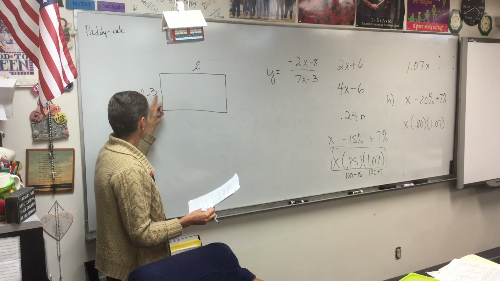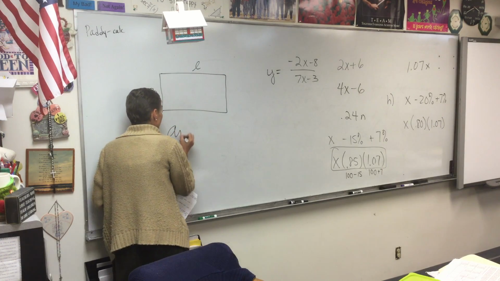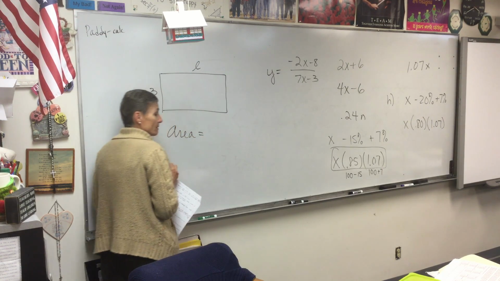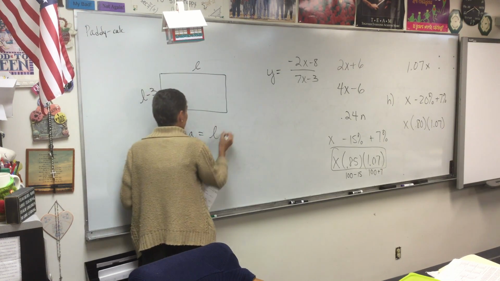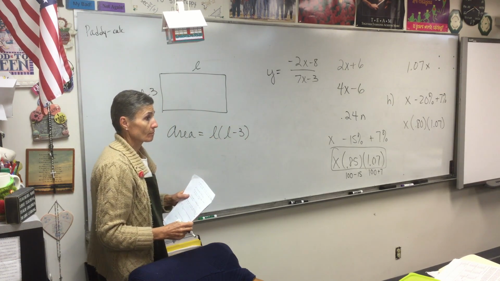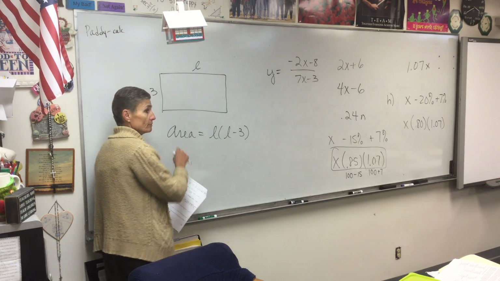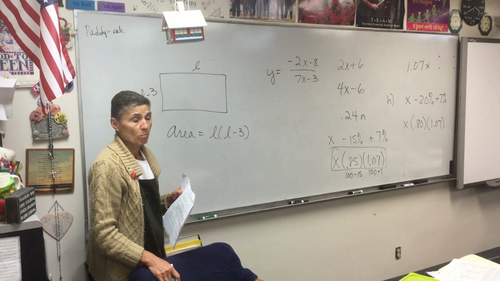It says the width is 3 less than the length. I think she's right. Now, what would my formula for area be? Length times width. There we go. That is the answer to F. Good work, Marley.